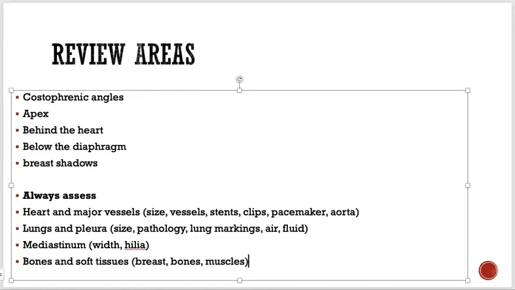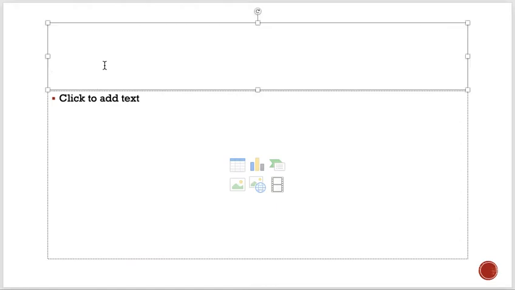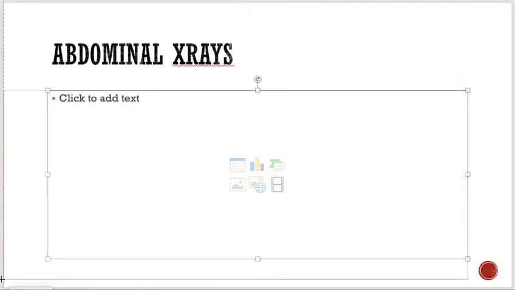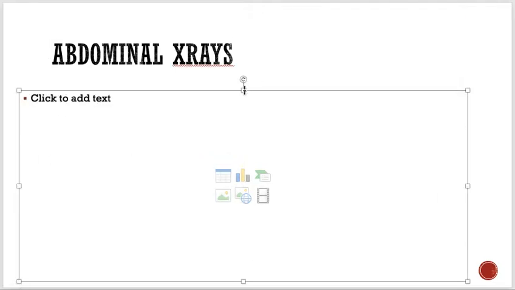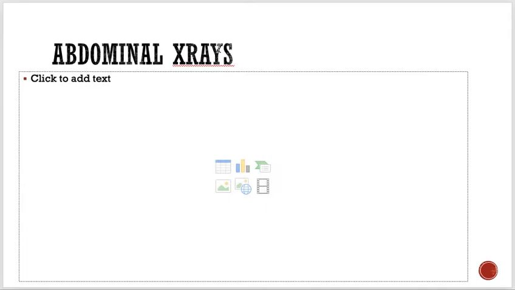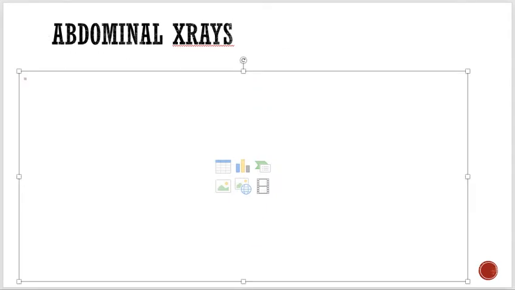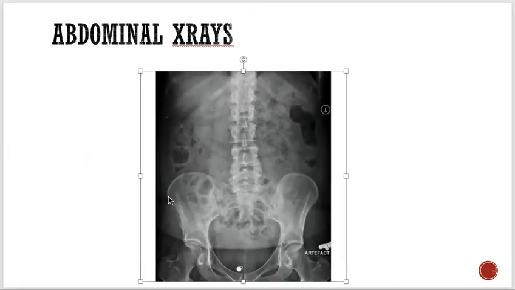Now, talking about X-rays and taking them further, chest X-rays are very very commonly asked to do. Okay, one of the things is abdominal X-ray as well. So in abdominal X-rays, I'm going to include an abdominal X-ray in front of you.